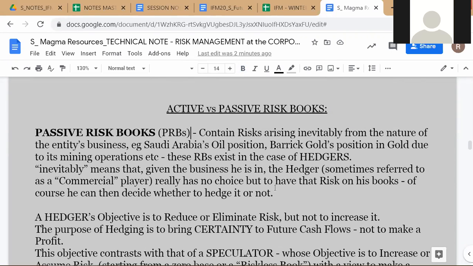If you think of India as a kind of company, you can think of India's balance sheet.